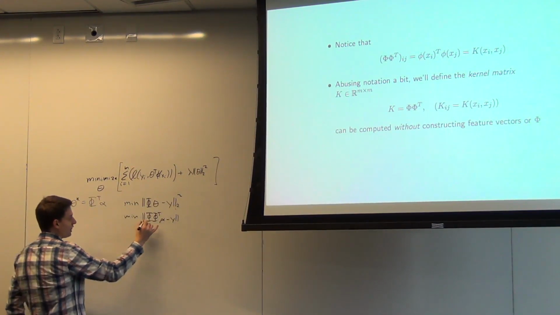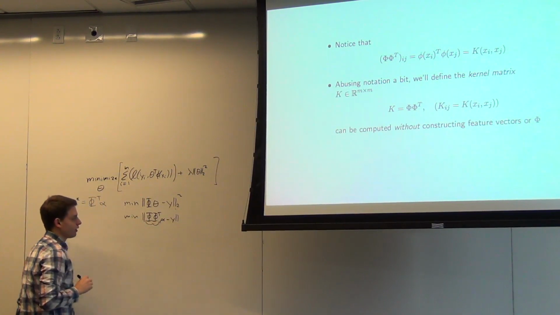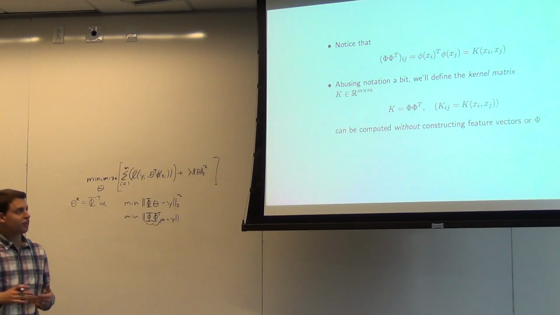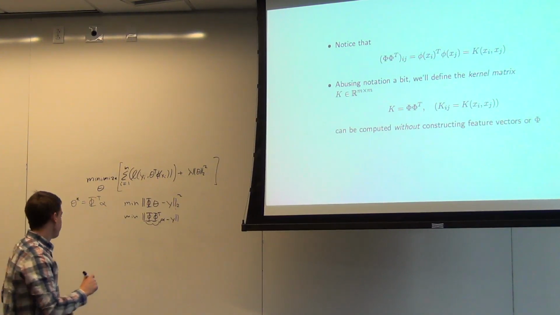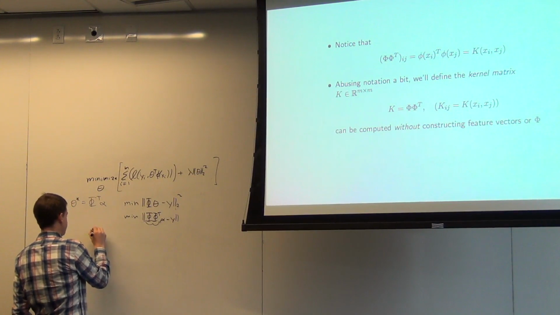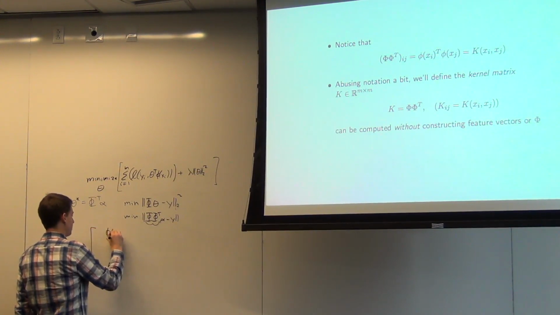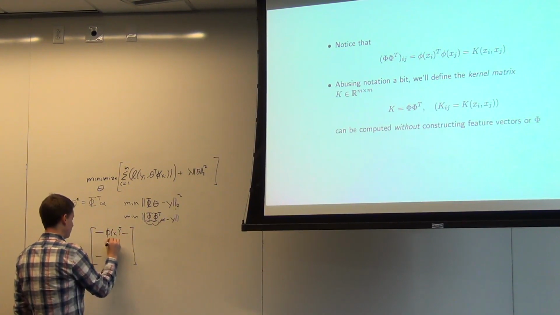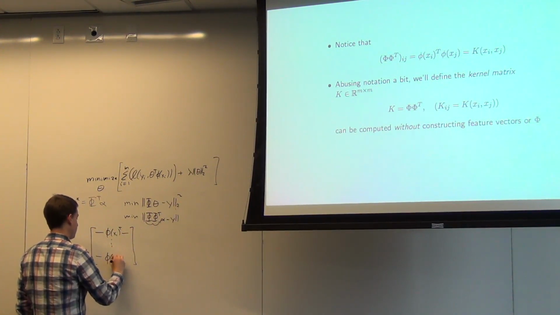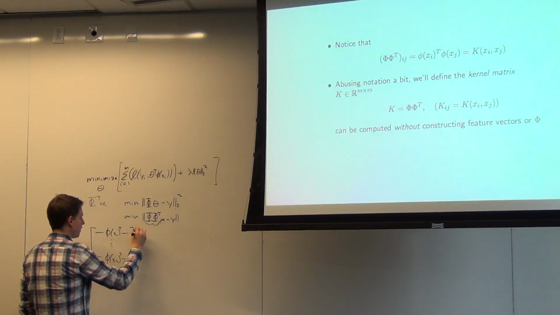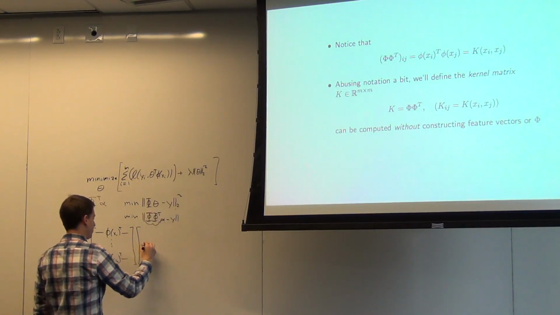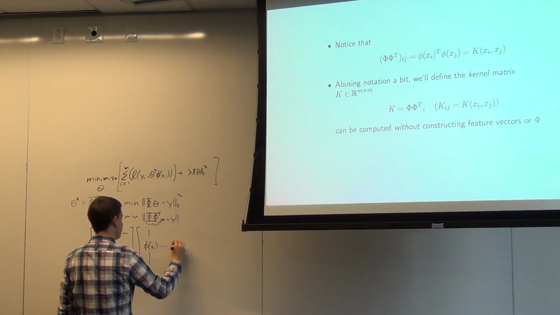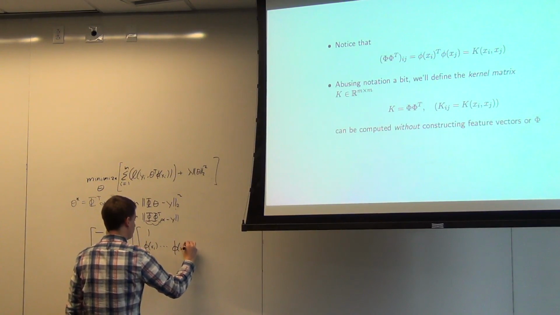We get a lot of matrices that look like this: phi transpose. Let's look at what this actually is. It's the first matrix phi, which has phi x1 transpose down to phi xm transpose, times this flipped matrix, so now we have phi x1 as the first column through phi xm.